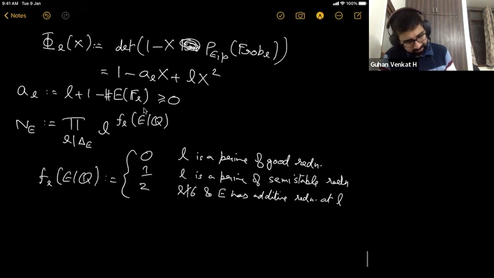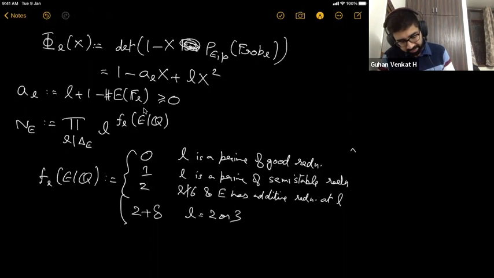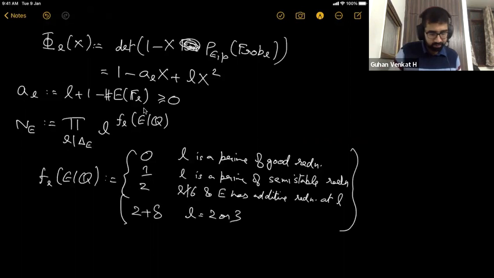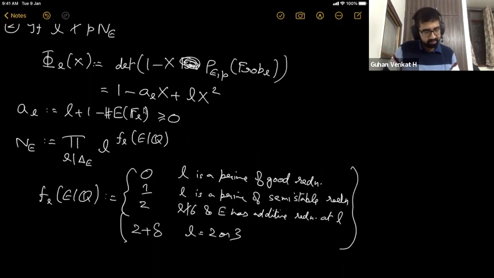And then there's some sort of a defect that comes in when ℓ is 2 or 3. But anyway, the good primes are the primes that don't divide the discriminant of the elliptic curve.